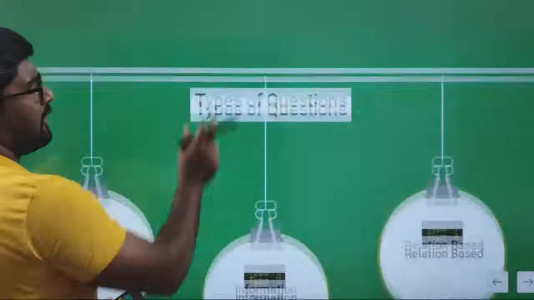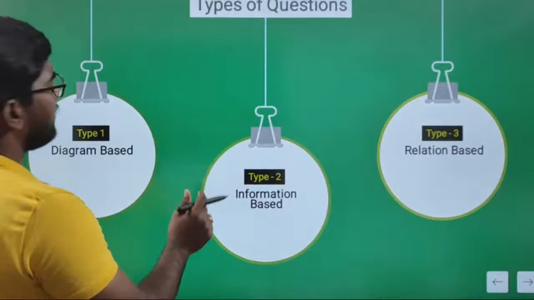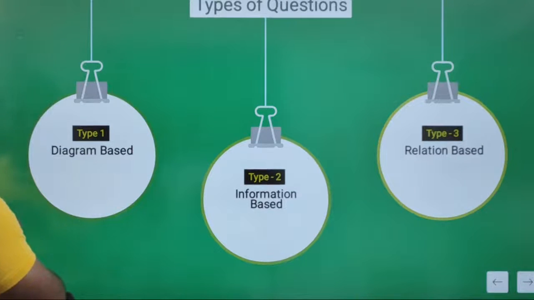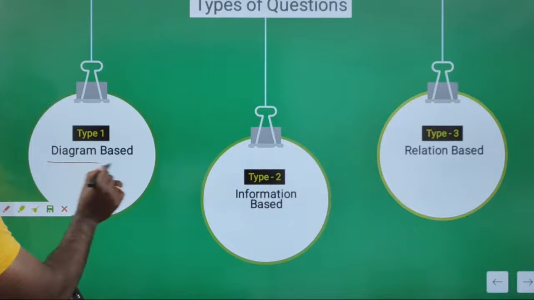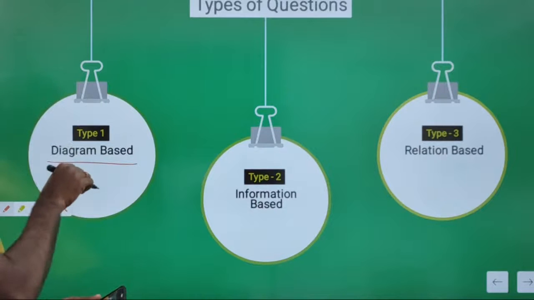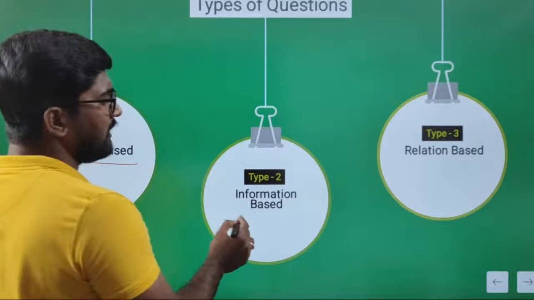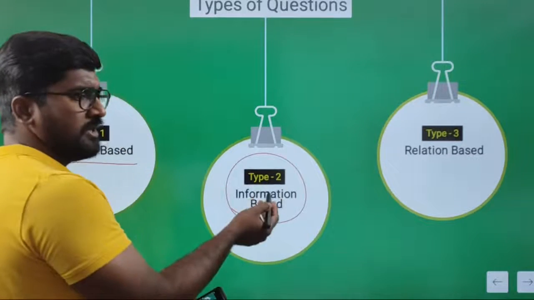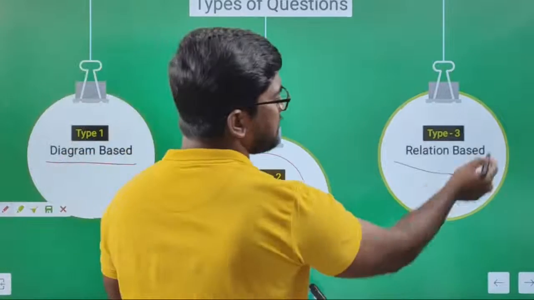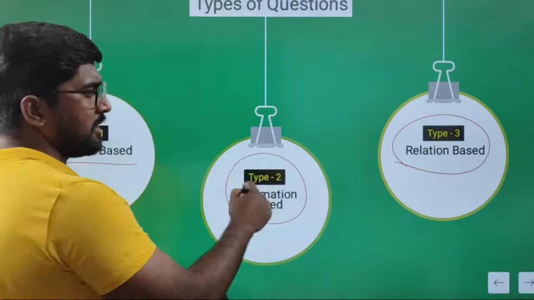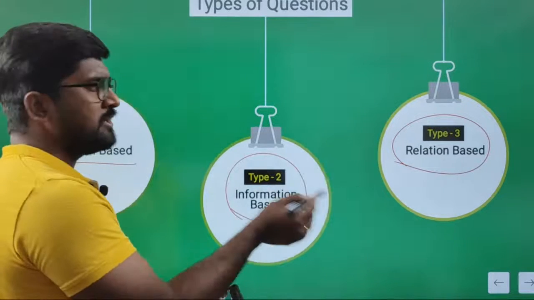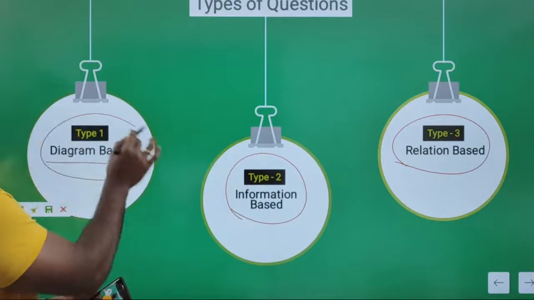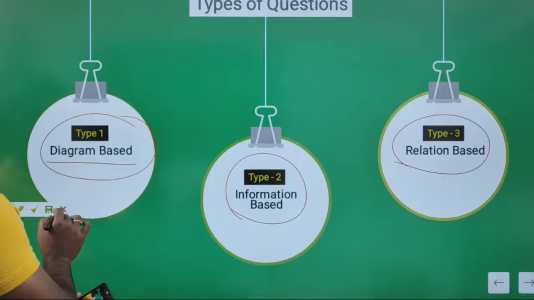Now, as I already told you in the beginning of the video, there are 3 types of questions from this topic. One is diagram based, which we are going to discuss in today's session. Second, information based, which I will be making a separate video for. And then relation based, third type. We'll be discussing type 2 and type 3 in a different live session. In today's live session, only diagram based questions.